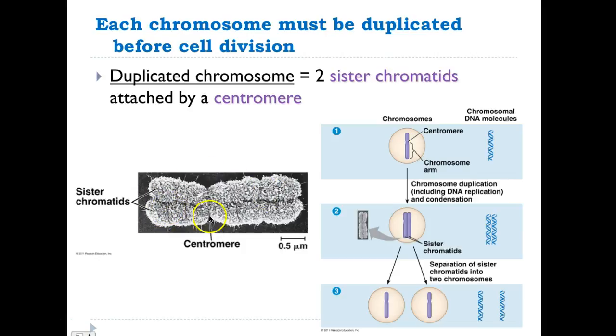Each strand represents a chromatid, and where the constriction is, that is what you call the centromere. Structurally, you have that double helix of DNA coming down. After chromosome duplication, including DNA replication and condensation, you now have the 2 duplicated chromosomes, or sister chromatids, and each has that double-stranded DNA.